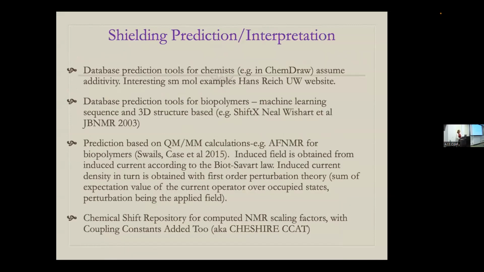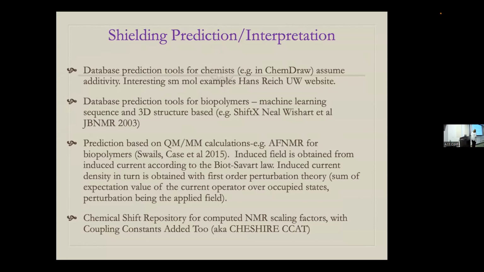Now, just to mention, we have a lot of tools for predicting shielding, which means you predict shifts, the same thing, according to the last slide. There are database-based prediction tools for chemists, like in ChemDraw. Most of you have probably used something like that before. They assume linear additivity, so they have a limitation in their applicability.